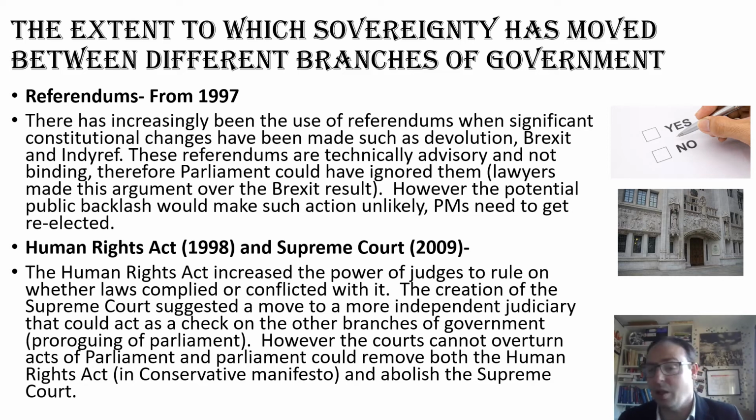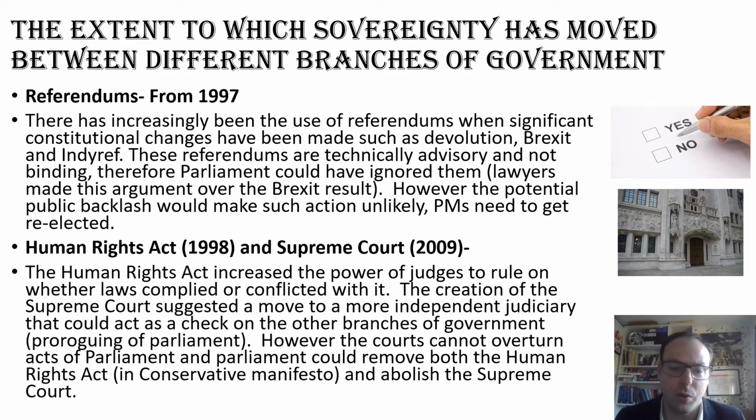So they can make a point of law and say that the law you've just made contradicts or conflicts with or breaks the Human Rights Act. Now, they can't actually overturn it, but they can point out to Parliament that they should look at it again.